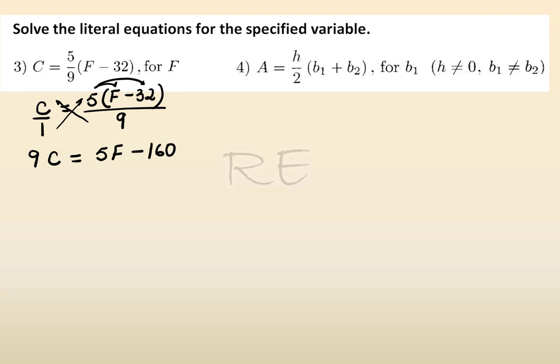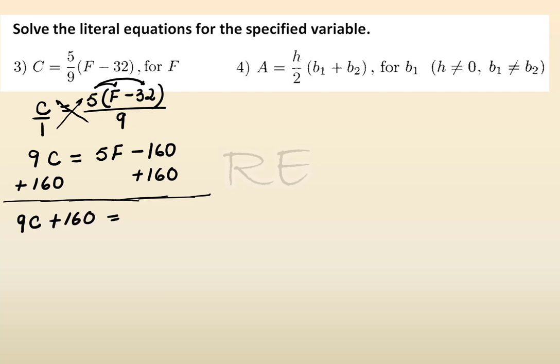The next step will be to add 160 to both sides. And when we do, we get 9c plus 160 is equal to 5f. And when we divide both sides by 5, we get f is equal to 9c plus 160 divided by 5.